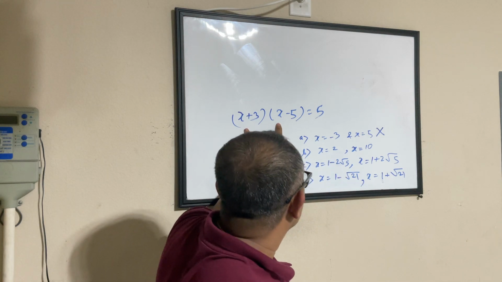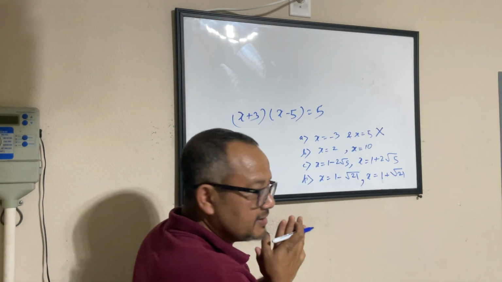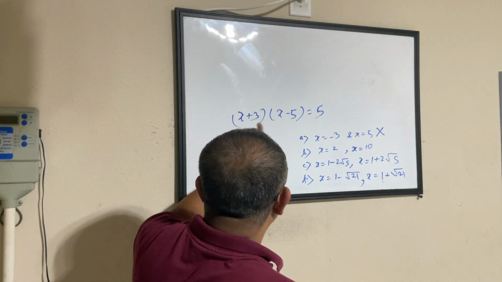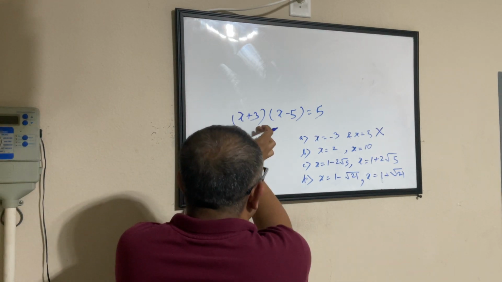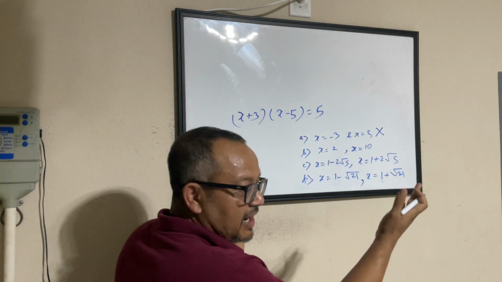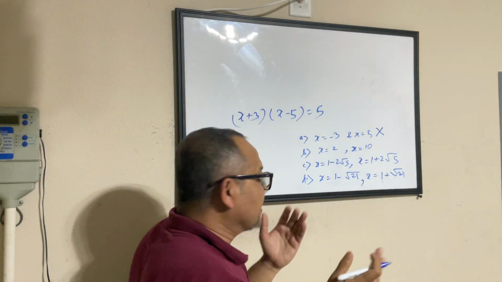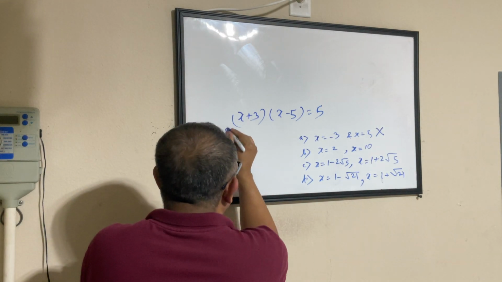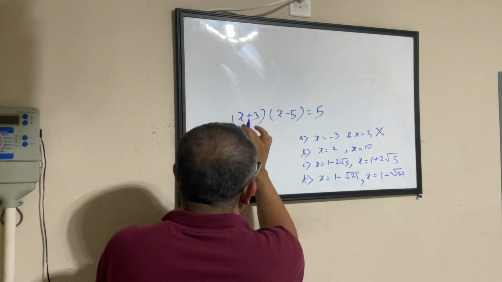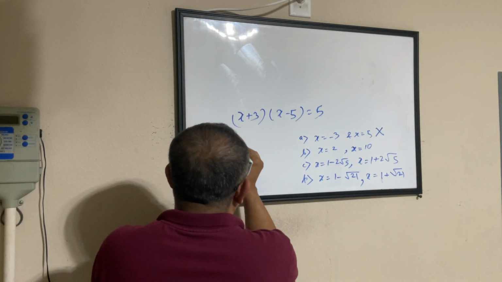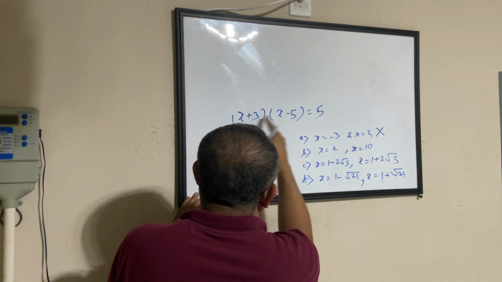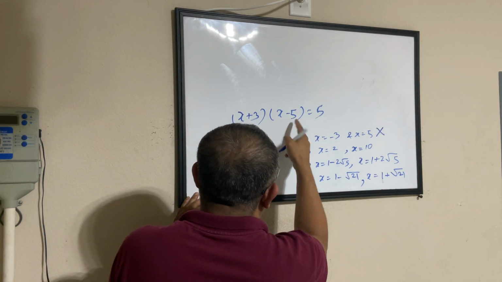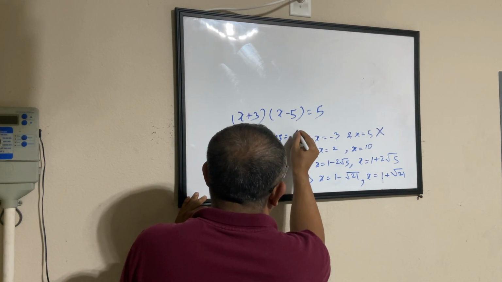When I break this down, what do I get? I will get x squared plus 3x minus 5x. So it's something into something. I'm expanding the factors into a normal equation. It becomes x squared, plus 3x and minus 5x, and 3 into 5 is minus 15, equal to 5.